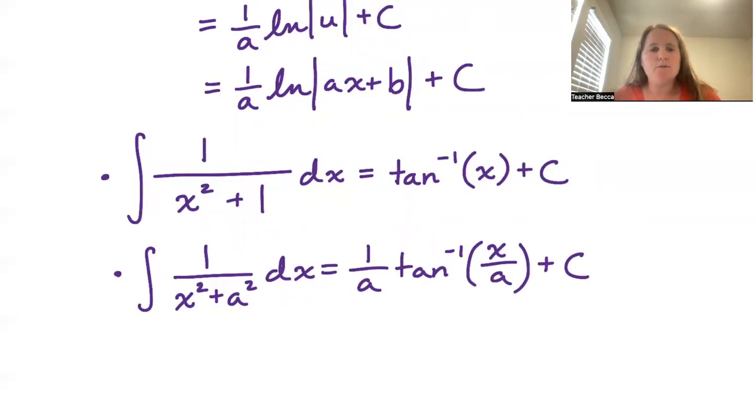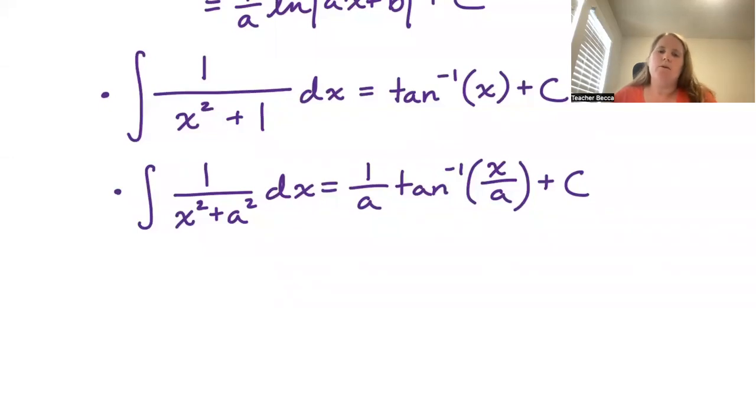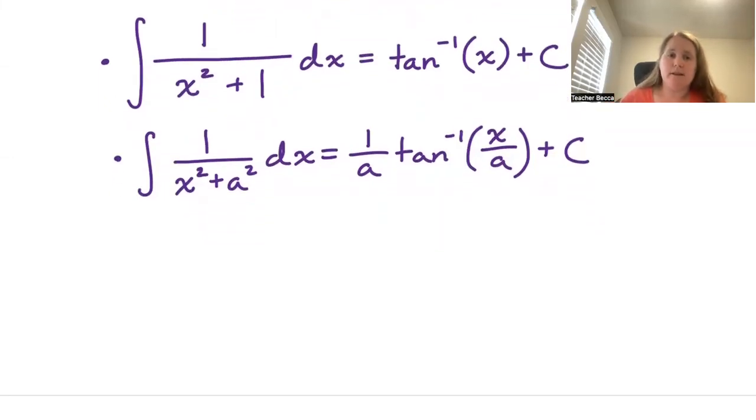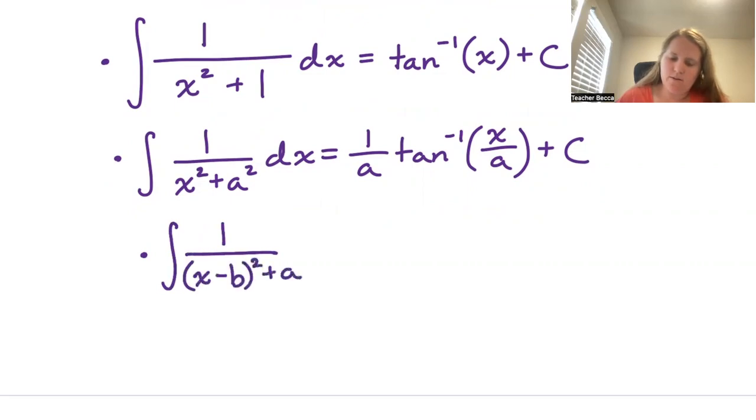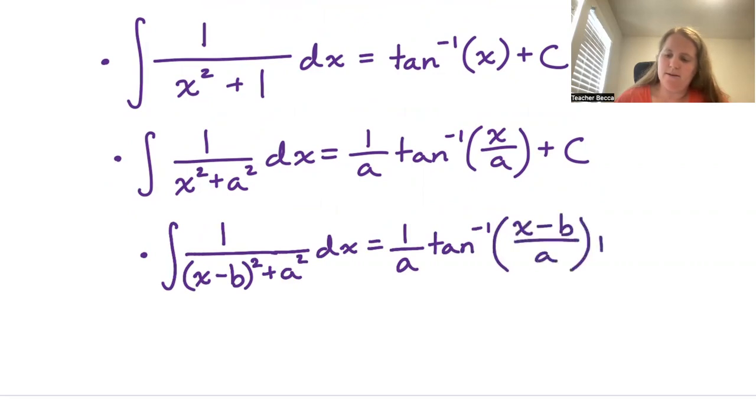If we have other things, we can do u substitution for them. If we had a variation of this last one, if we had the integral of 1 over x minus b squared plus a squared dx, that just winds up being 1 over a times tan inverse of x minus b over a plus c.